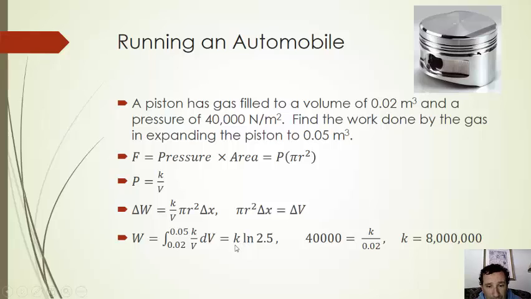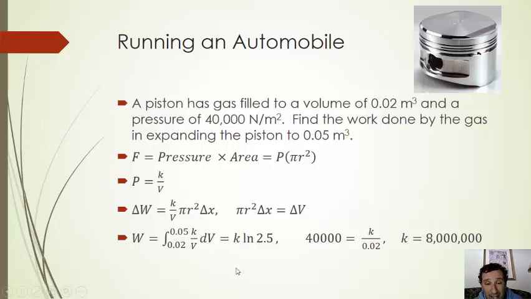And if I work that out, I get K times the natural log of 2.5, or 5 halves. But now I've got to find K. Well, we know that 40,000 is the pressure at the beginning at 0.02 cubic meters. So 40,000 is K over 0.02. So K is 8 million.